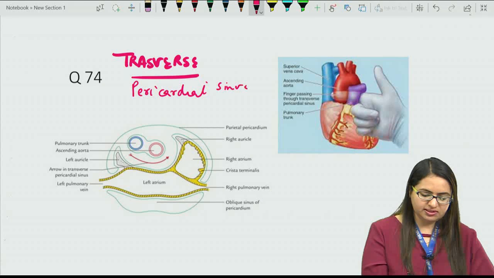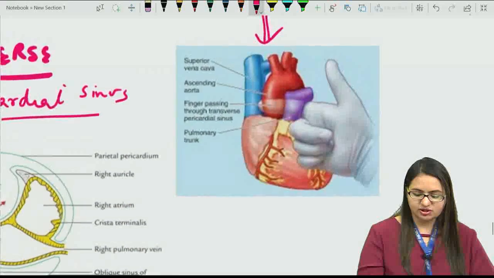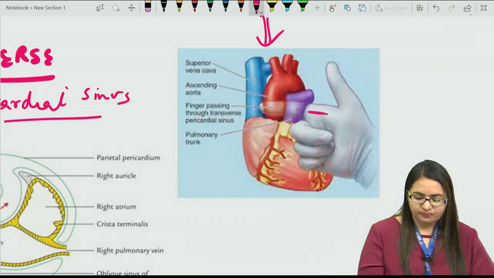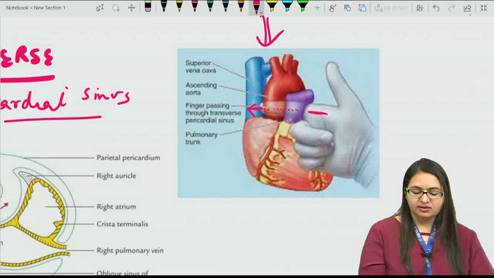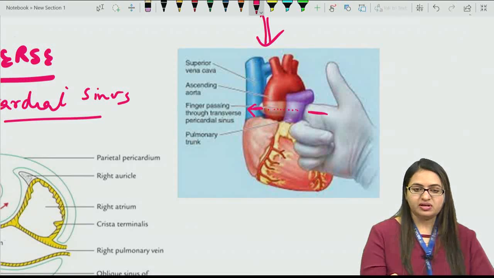If you see this picture over here, we can see that the finger is passing through the transverse pericardial sinus. Anterior to this finger, the structures lying are the ascending aorta and the pulmonary trunk, and posterior to it lies the superior vena cava.